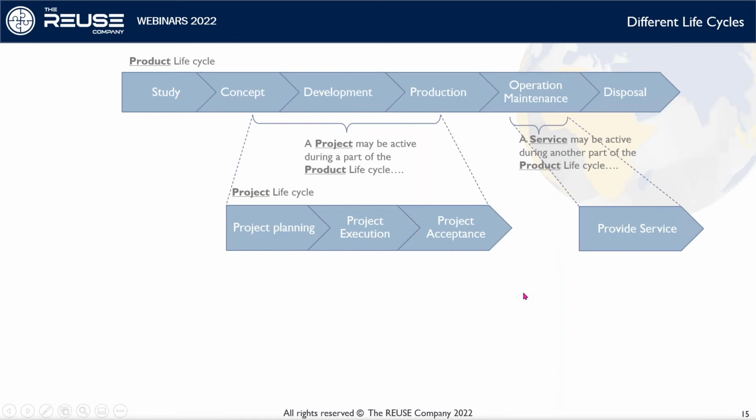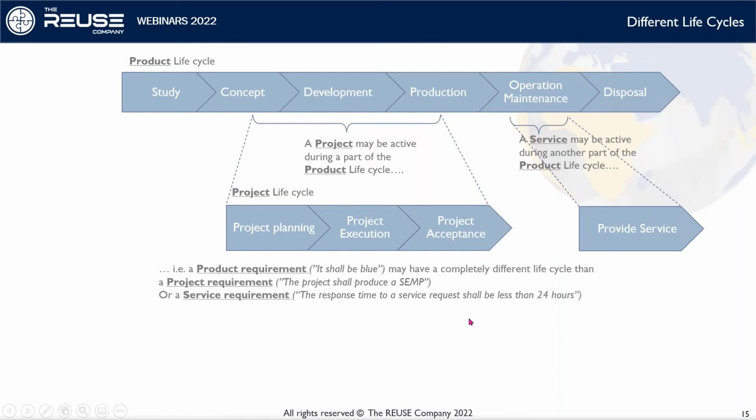This also means that there will be requirements to define the product. There will be requirements for how to carry out the project, and there will be requirements to define how the service should be provided.